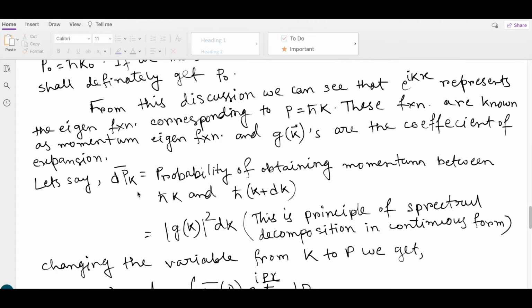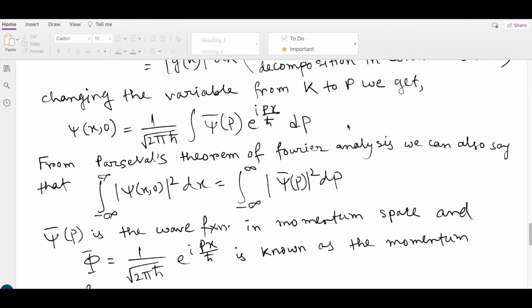Let's say dP(k) bar is the probability of obtaining momentum between h cut k and h cut k plus dk. We know that the coefficient of expansion is mod g(k) square, but as this is a continuous form, here we use mod g(k) square dk. In the discrete case, we used mod c_i square.